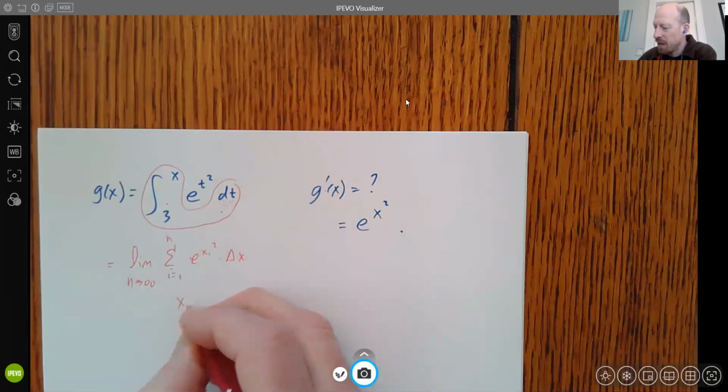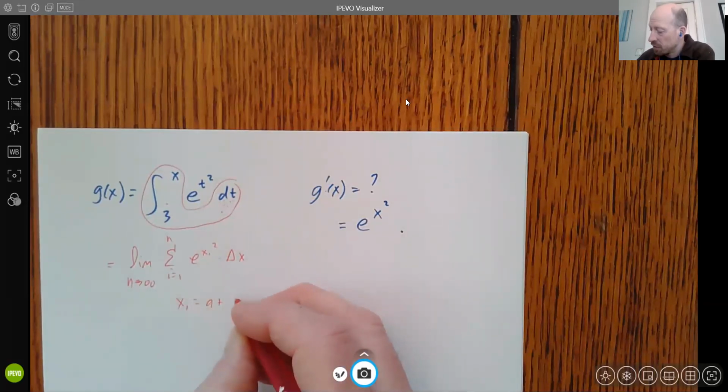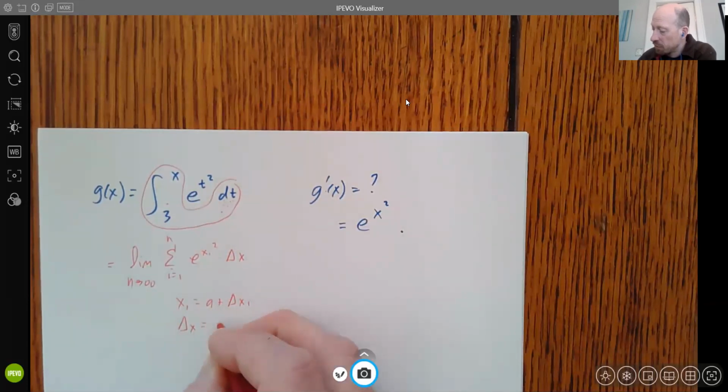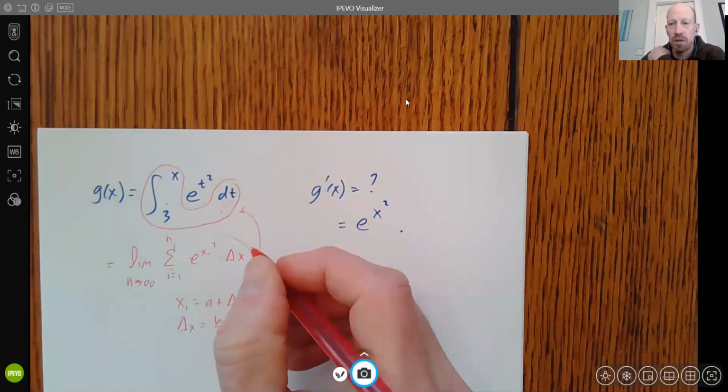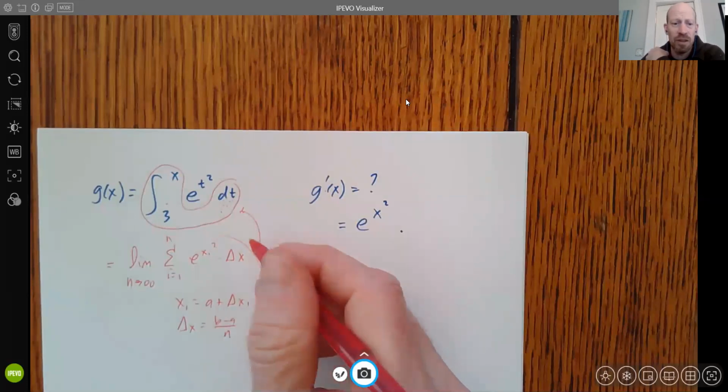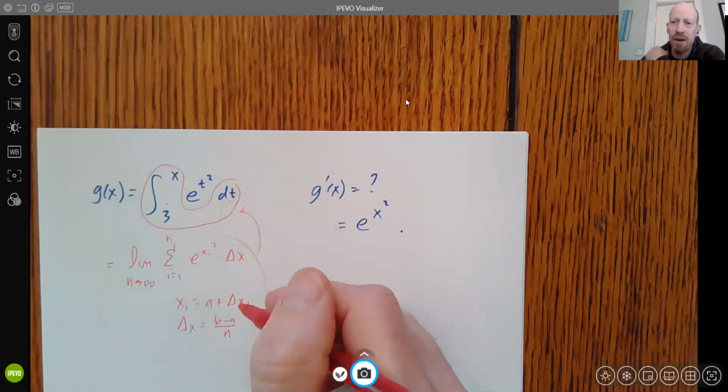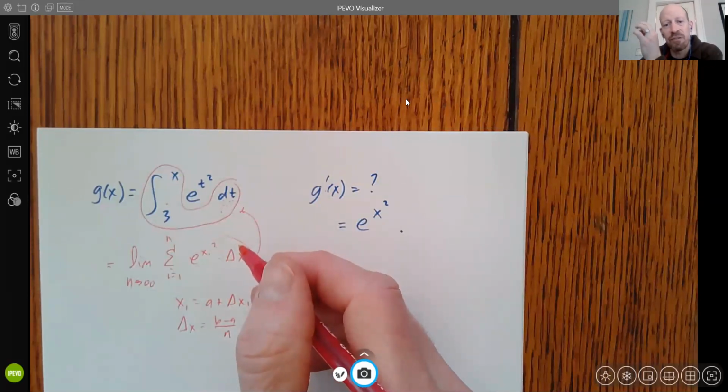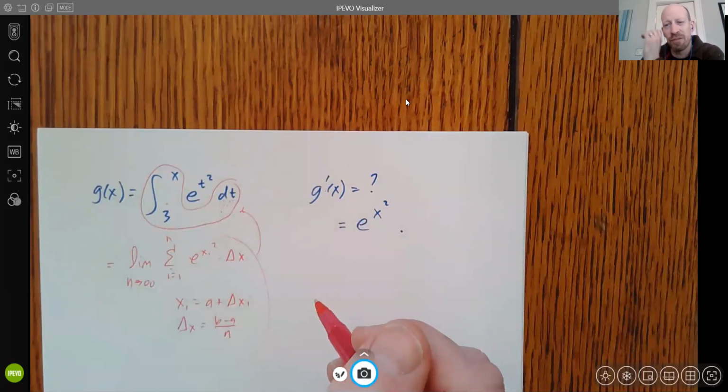Where we have x_i is equal to a plus delta x times i, and delta x is equal to b minus a over n. This is the definition of this expression. Doesn't appear to have anything to do with an antiderivative, right? This is adding up rectangles and figuring out what the limit of those sums are. But it turns out that is actually an antiderivative. And since it's an antiderivative, that's why we know what the derivative is.